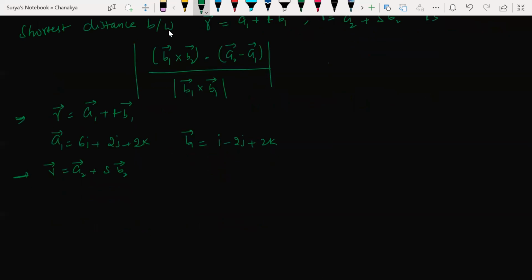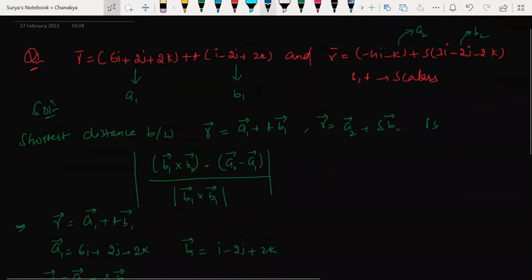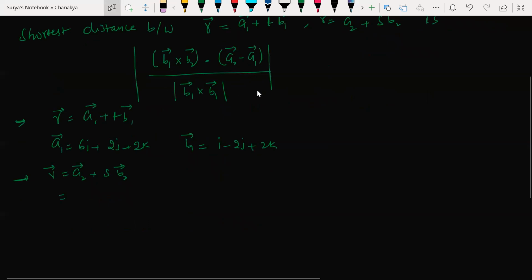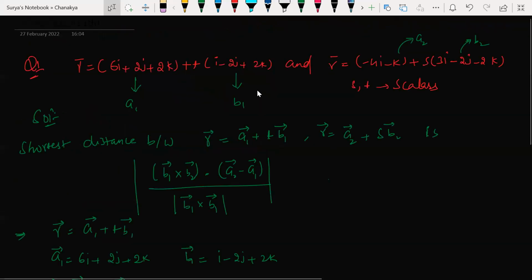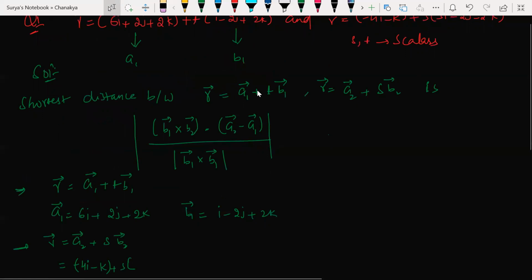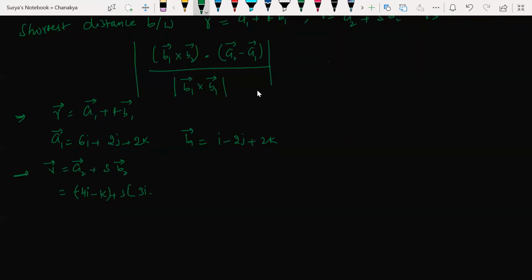What is a2 given? Minus 4i minus k. What is b2 given? 3i minus 2j minus 2k. This is what is given here.